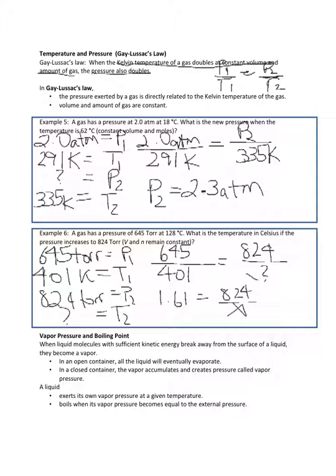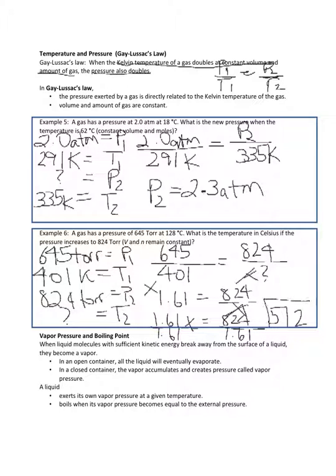So you get 1.61x equals 824. To get rid of the 1.61, we divide both sides by 1.61. So 824 divided by 1.61 gives us 512.